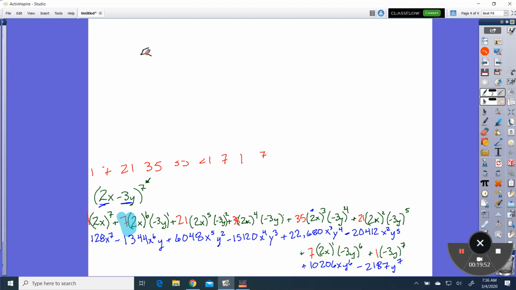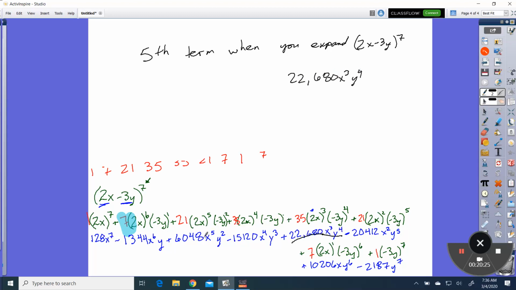They're going to say find the fifth term when you expand 2x minus 3y to the 7th. So we already know what it is. 1, 2, 3, 4, 5. That's this one: 22,680 x cubed y to the 4th. And that'd be your answer.